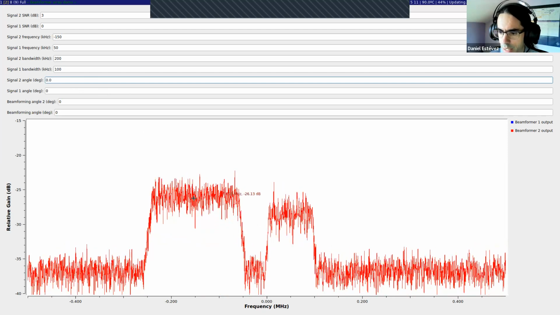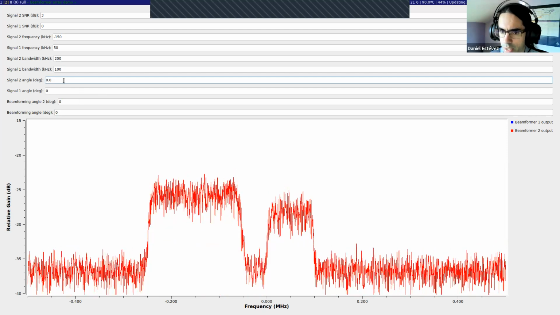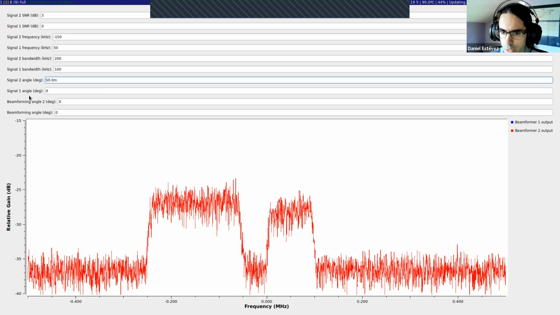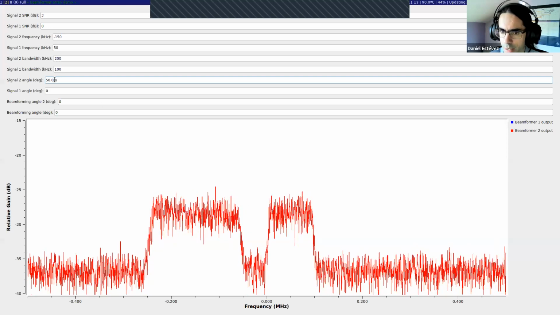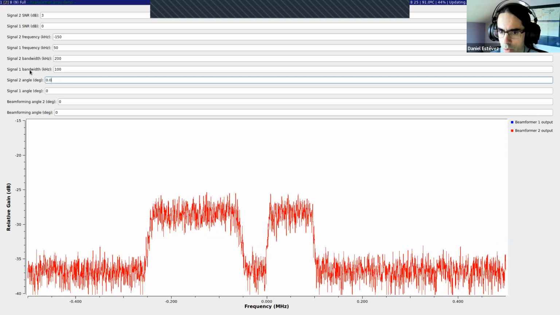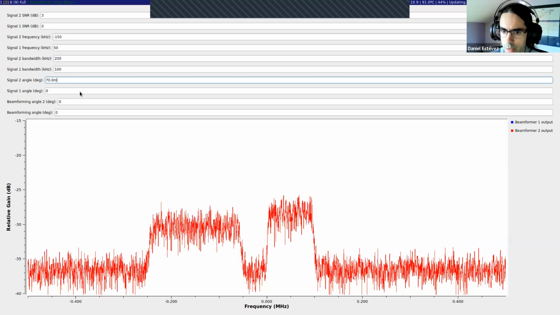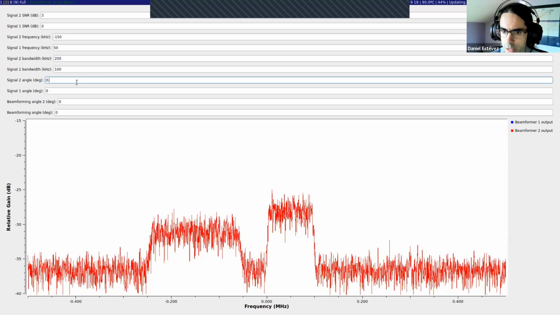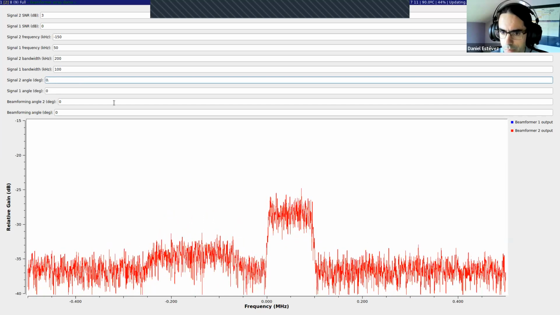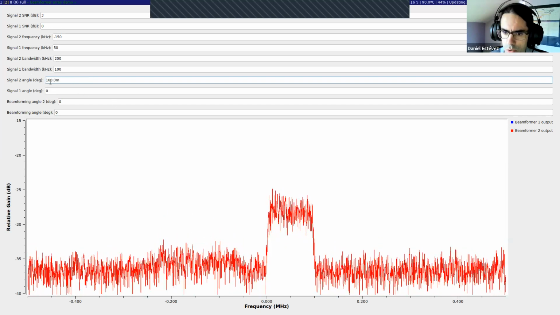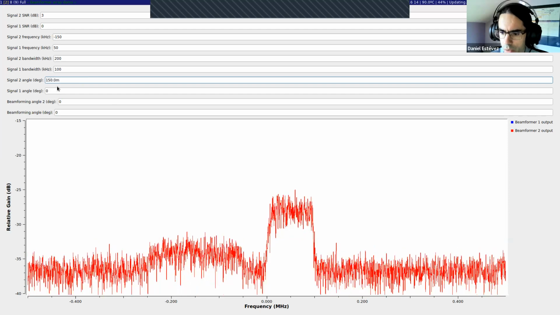So this is if I'm correctly pointed at the signal. If I'm 0.05 degrees away from the signal, then I already see some decrease in amplitude, and I can try 0.07, 0.09, and so on. And maybe it's also instructive to go beyond.